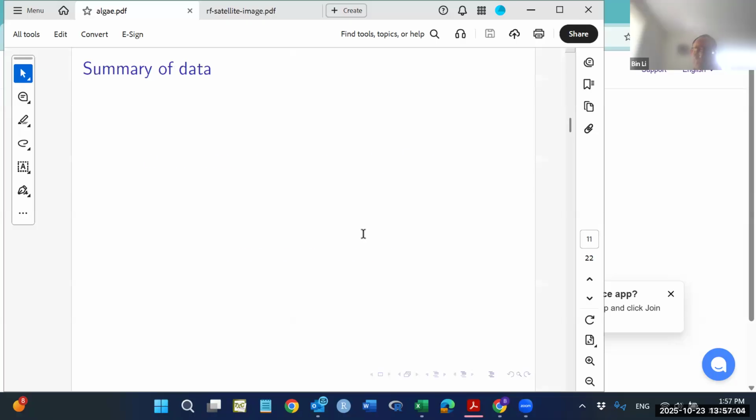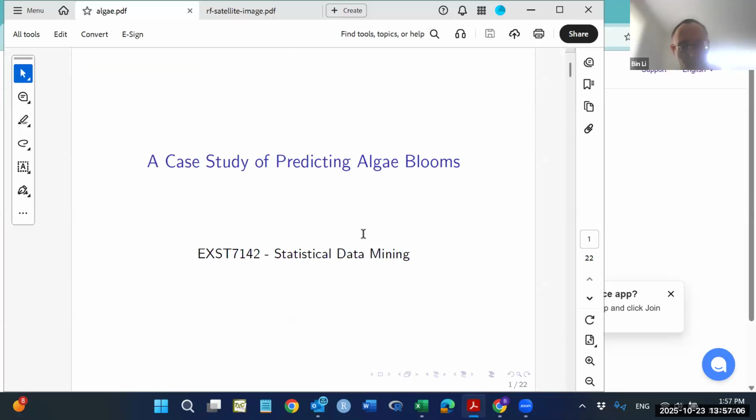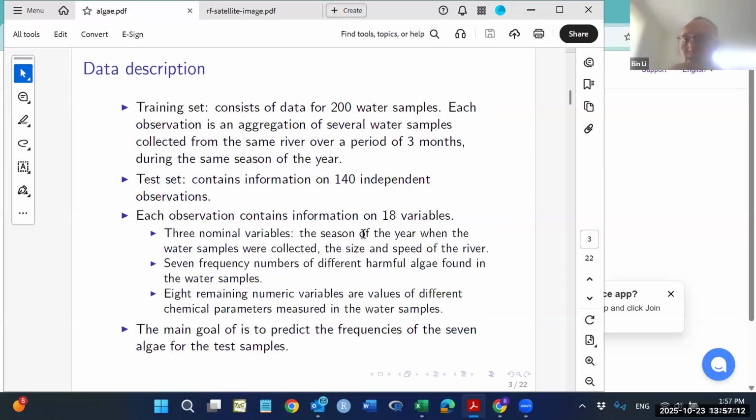So this is a case study of predicting algae blooms. So the data description: we have the training set, which contains 200 water samples. Each sample is an aggregation of several water samples collected from the same river over a period of 3 months during the same season of the year.